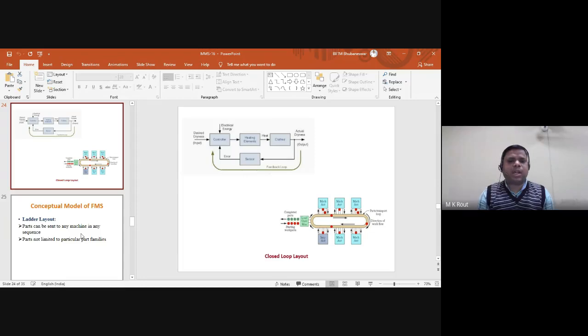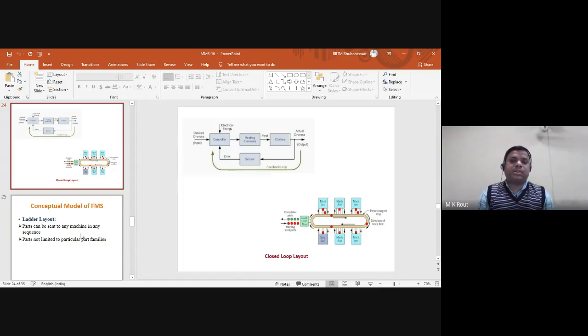Suppose you go for performing the cloth drying operation in a washing machine. In that washing machine, the inputs are the desired dryness and electrical energy. With the help of a controller, it drives a heating element, which gives heat to your cloth, and finally your cloth is dried. That is the output.